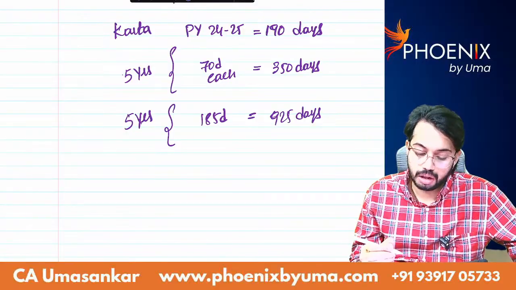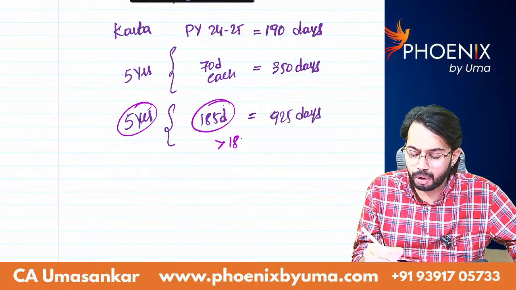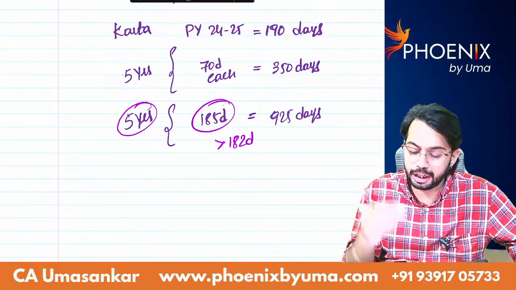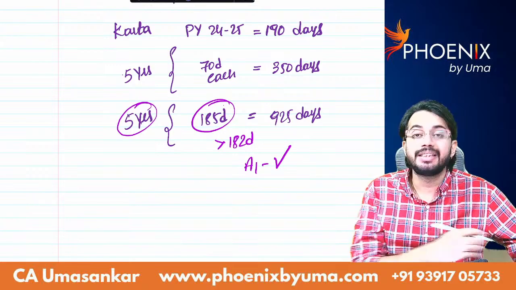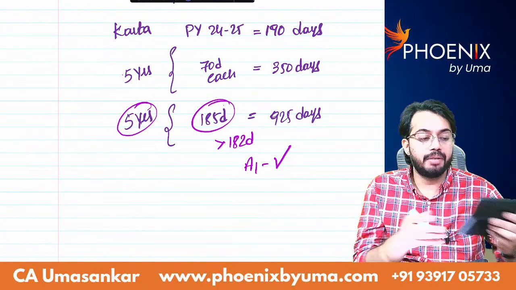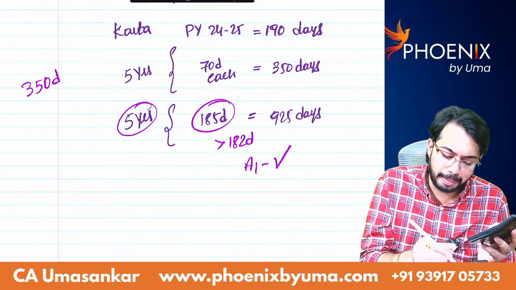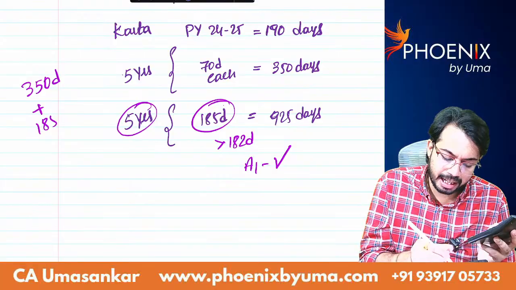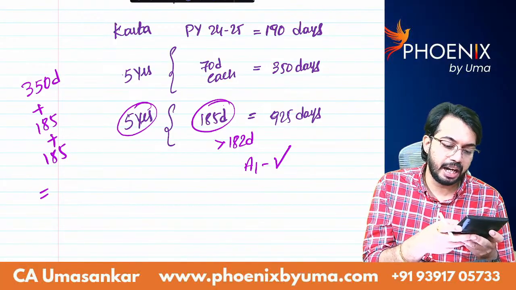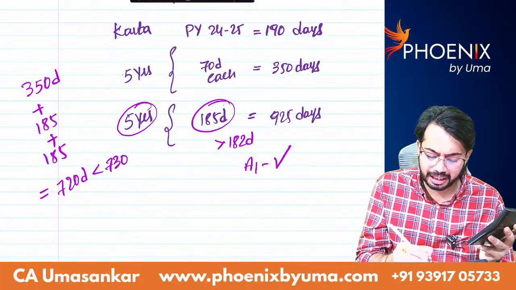Now, that means in those years, he stayed in India for more than 182 days. So, for 2 years, if he is there more than 182 days, additional condition 1 is said to be satisfied. And if you add 350 days plus 185 days plus 185 days, total 720 days, which is less than 730 days.